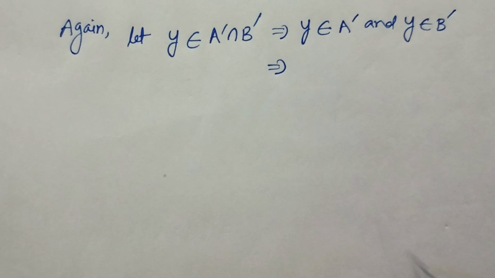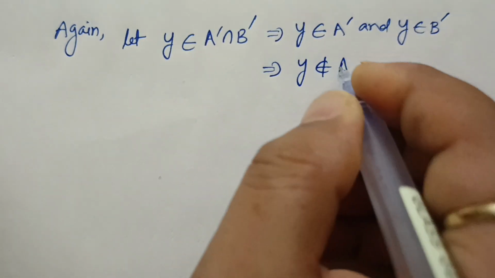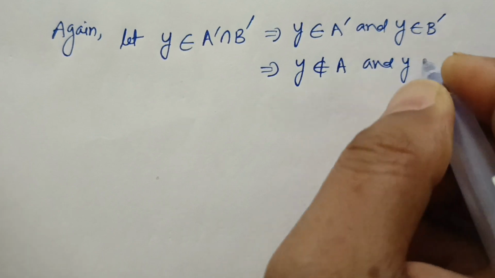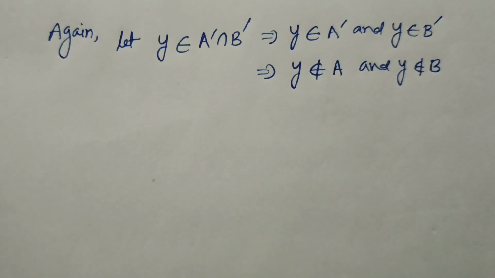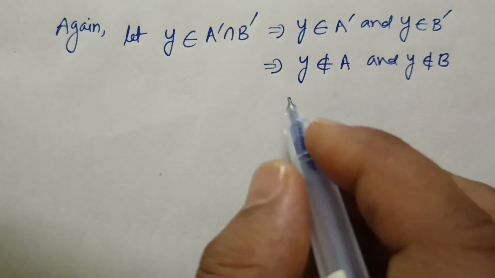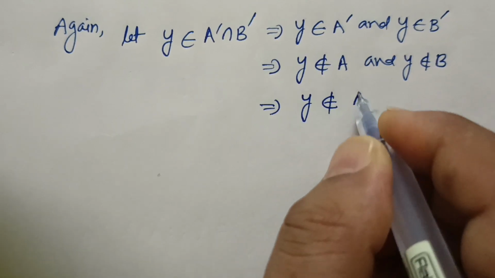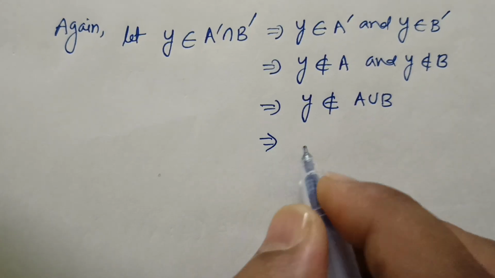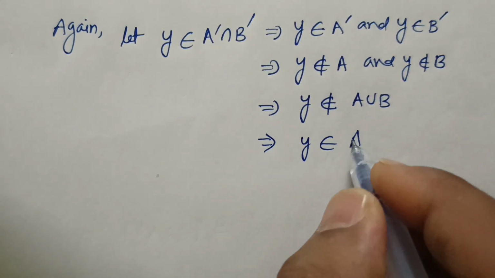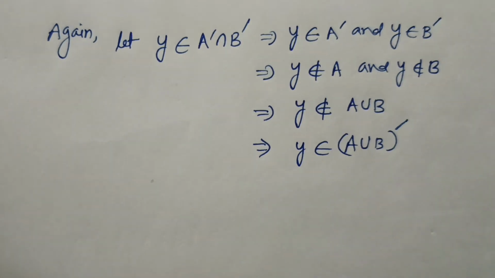And if Y belongs to A complement, definitely Y does not belong to A and Y does not belong to B. If Y is not there in A and B, that means Y does not belong to A union B, which implies Y will belong to (A union B) whole complement.